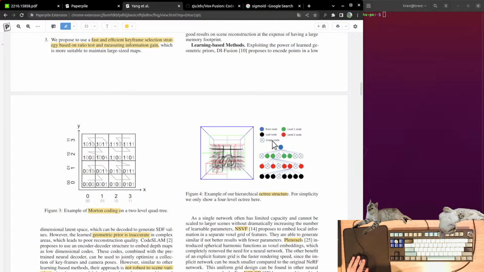These X's are the empty nodes, and then the red boxes and green boxes are kind of coarser representations, or coarser partitions of this 3D space. But the actual information, such as the color or the sign distance function, will be stored in the finest resolution here, the leaf node.